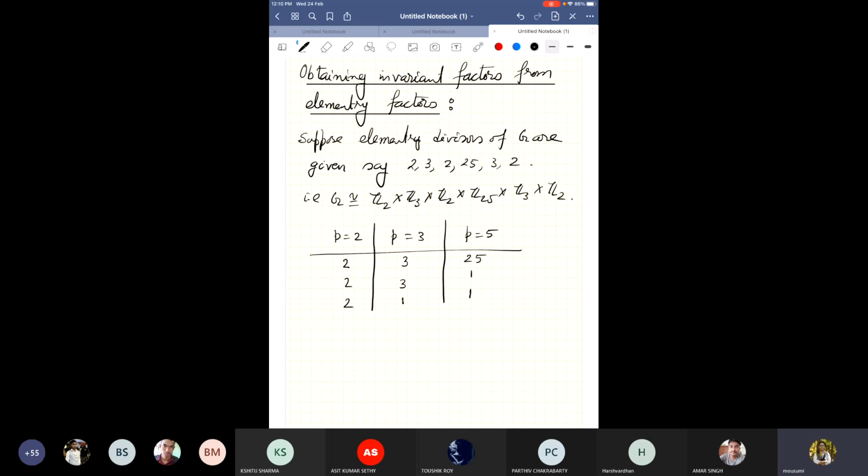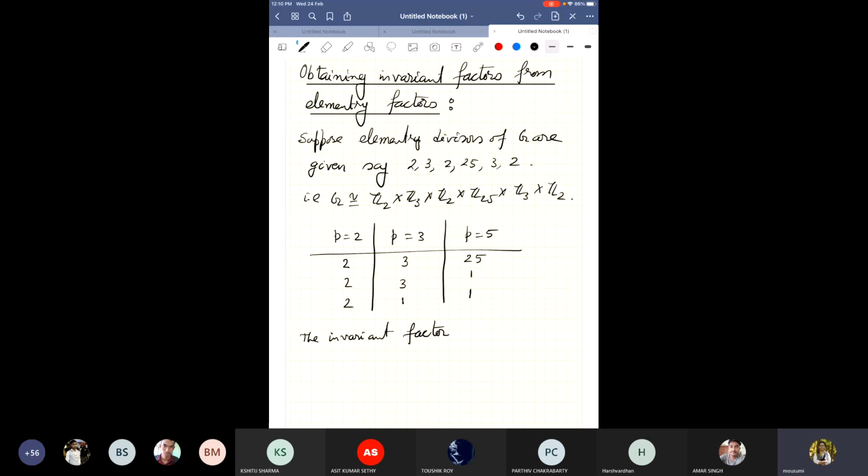And then from here, what will be the invariant factor? Can you guess? Invariant factors will be such that ni plus 1 divides ni, right? So what will be your n1? N1 will be the largest number, and then I have to choose n2 such that n2 will be a divisor of n1 and so on. So how do I do that?